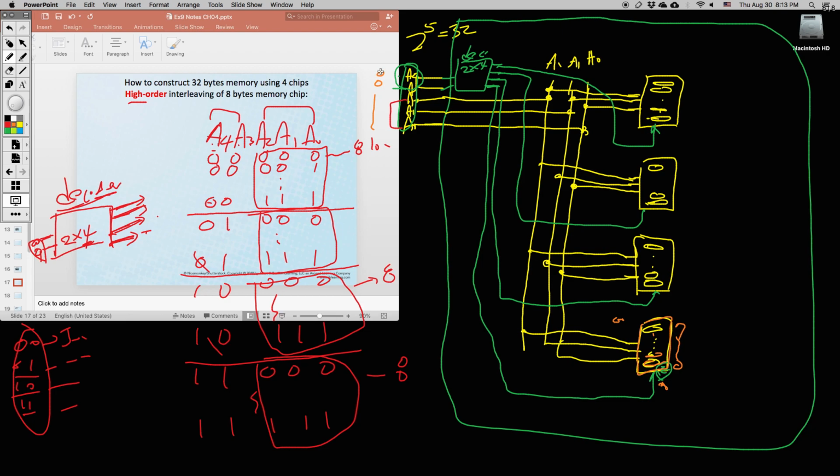Now 0, 1 is there. When 0, 1 is provided, then through the 2 by 4 decoder, this one is enabled. And then with the 0, 1, we go through 0, 1, 2, 3, 4, 5, 6, 7. So for this group, the value 0, 1 here means 8.